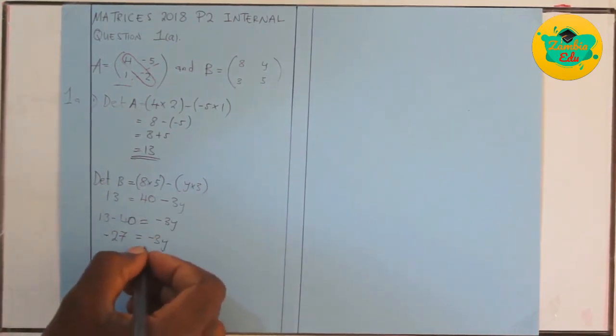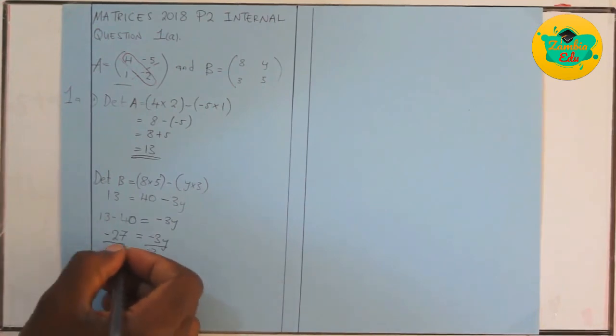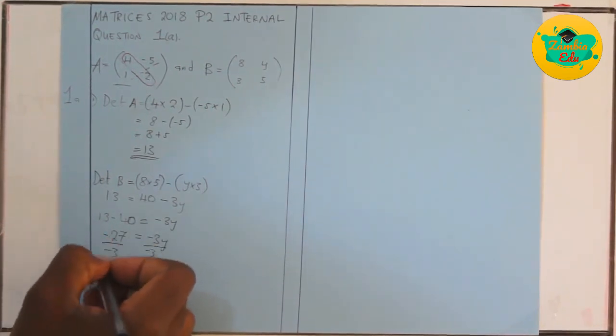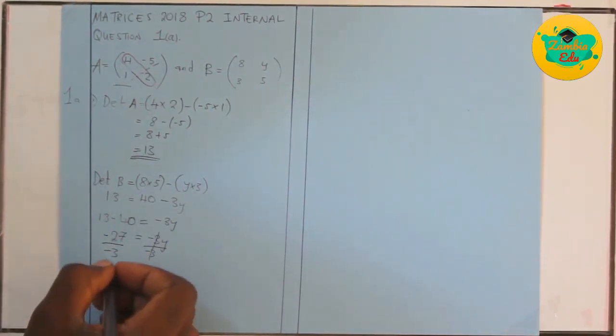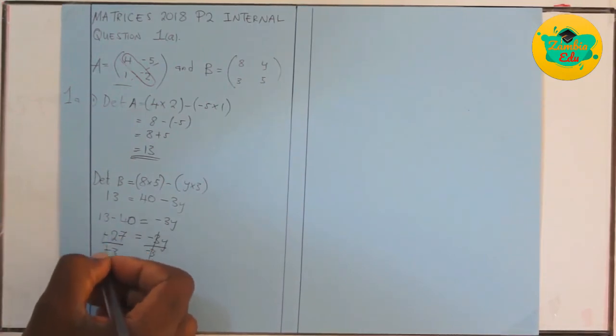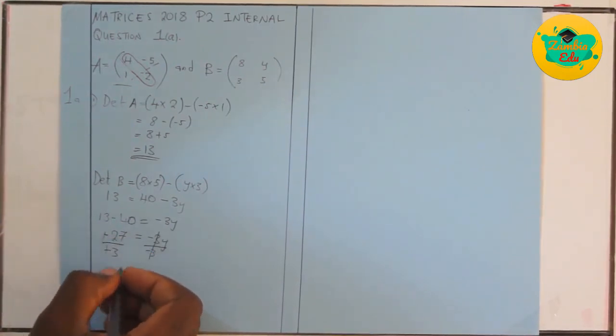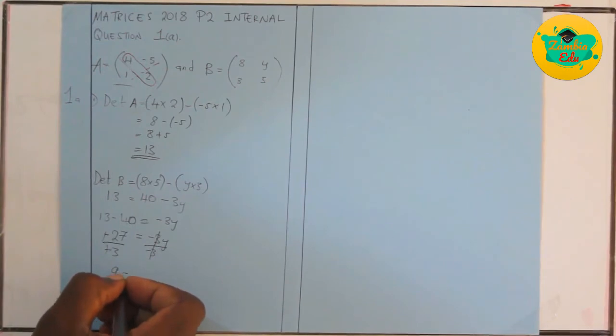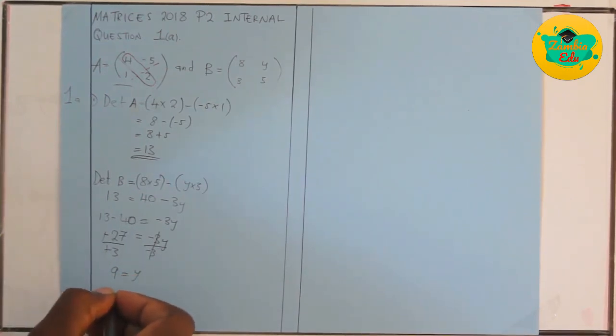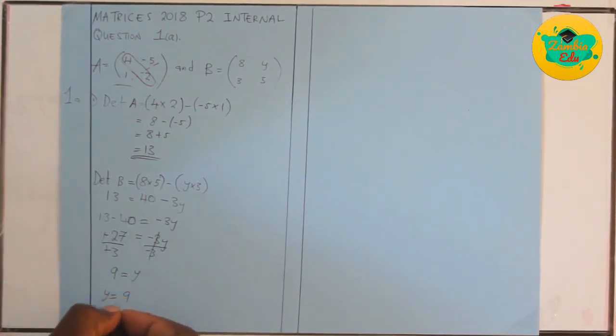To find the value of Y, we say over negative 3, over negative 3. So the negative cancels, 3 into 27 is 9, being equal to Y. So Y is equal to 9. That's the value of Y.